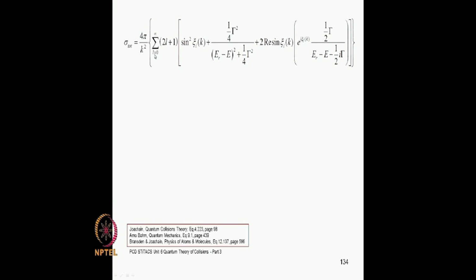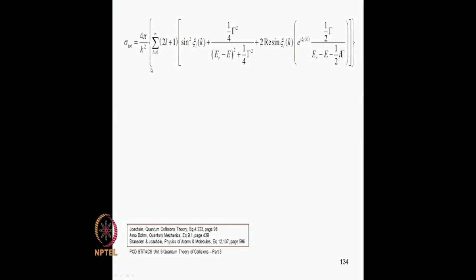We do know that we rarely have to go to very high partial waves, we usually have to go to only a few partial waves, and in this infinite sum only a few terms will be contributing.